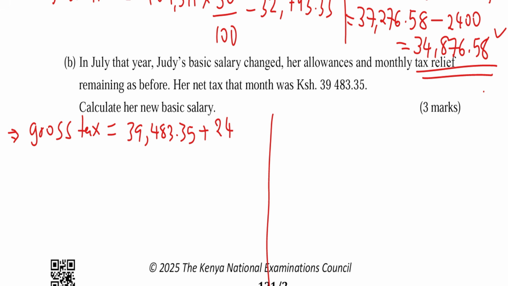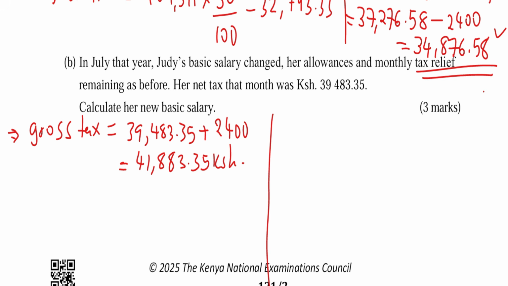And your relief obviously was 2,400. So you got a gross tax of 39,483.35 plus 2,400, and you get a gross tax of 41,883.35. So that's your gross tax.